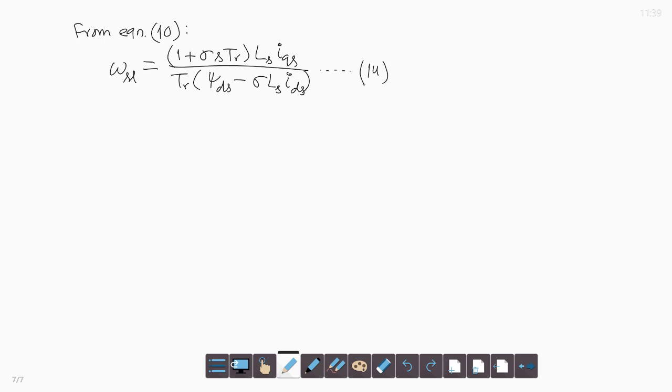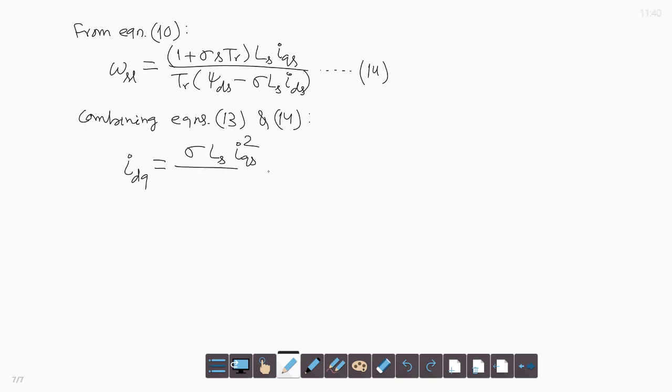So, combining 13 and 14, we get the compensating current idq, that is sigma ls into iqs square whole divided by psi ds minus sigma ls ids.